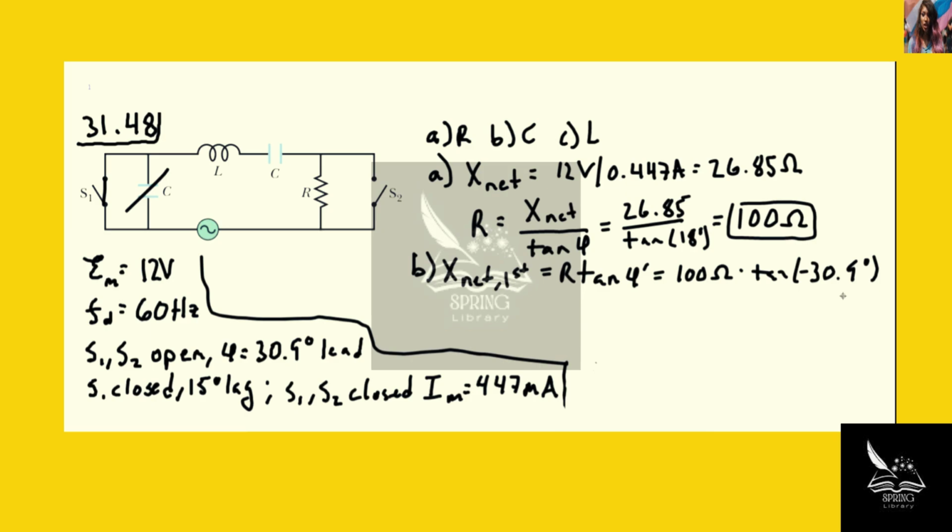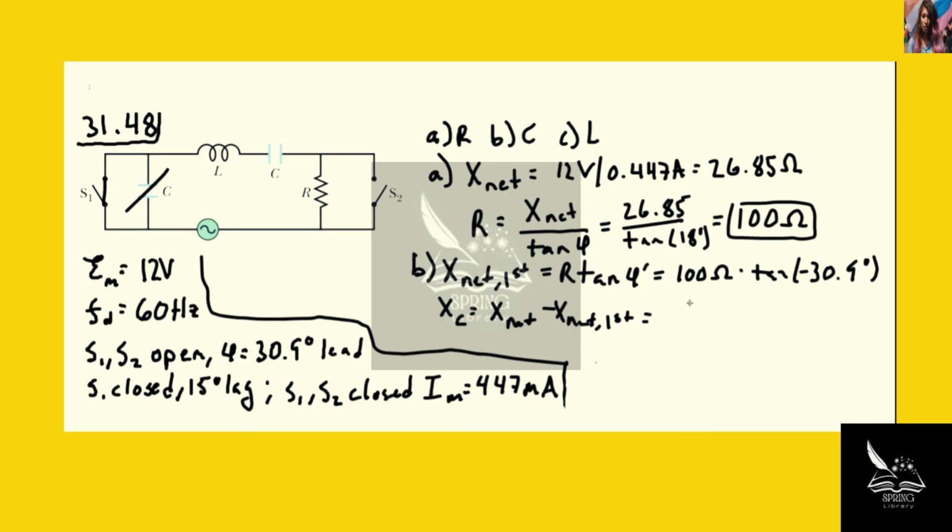The effect that switch 1 has is of basically having the capacitance when C is allowed in the circuit. So XC is going to be X net that we found before, minus X net in the first situation that we just found.